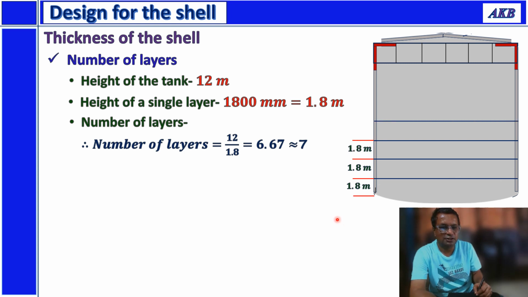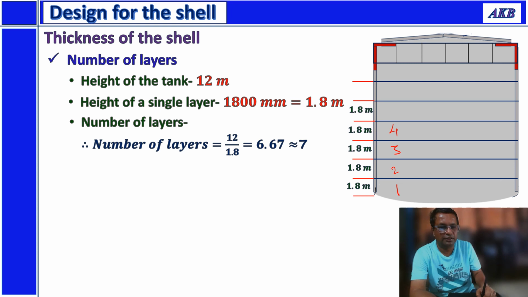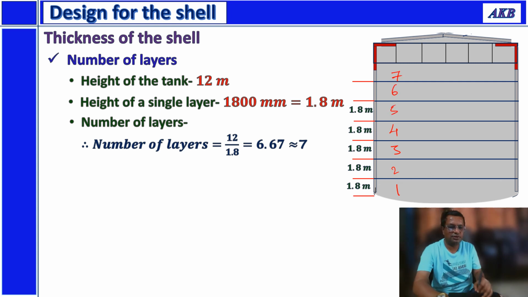So ultimately the shell for the storage vessel will be constructed with 7 layers whose heights are 1.8 meters. For each layer the height will be 1.8 meter. Okay, so this is the first layer, second layer, third layer, fourth layer, fifth layer, sixth layer, and seventh layer. So the entire shell will be constructed by using 7 layers.